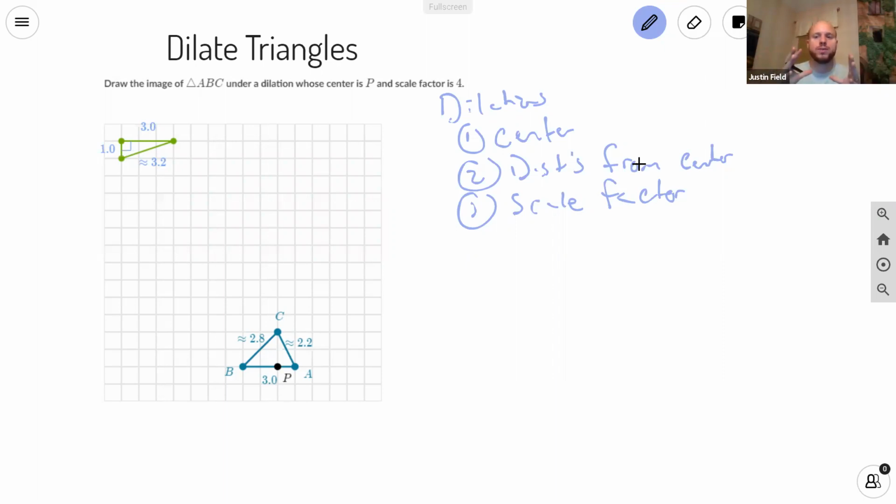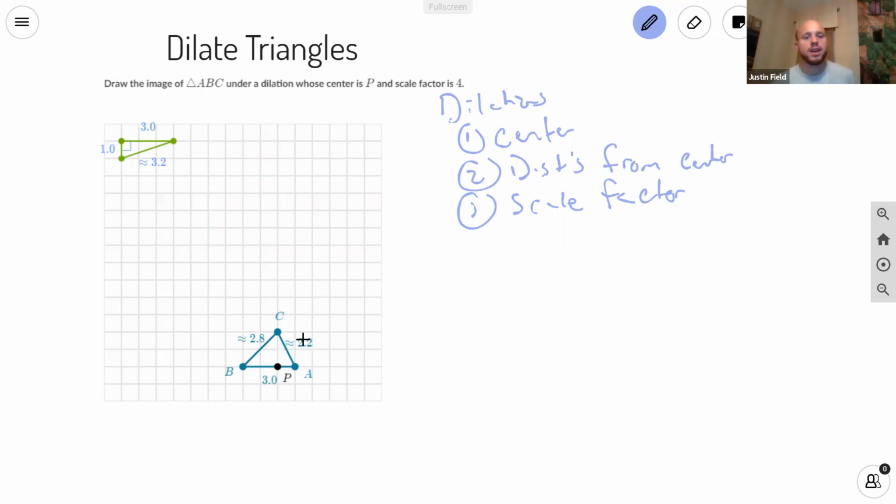If you have a new figure that's going to be twice as big, then every point on that new figure is going to be twice as far away from the center as the original point. So my head is the center. See, now everything is just the same distance further on either side.